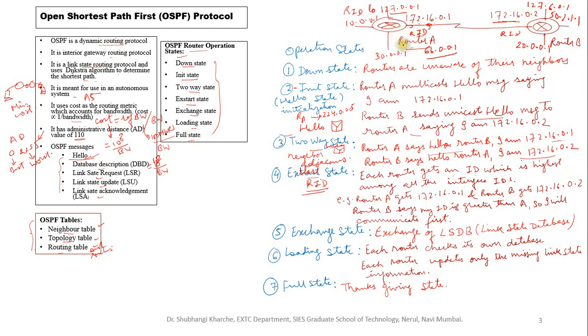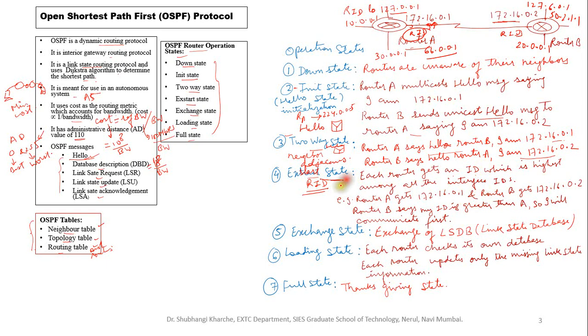Now let's say router A has the router ID 172.16.0.1 and router B has the router ID 172.16.0.2. Out of these two router IDs, router B has the highest, and thus router B will say, "I am the master and you are the slave, and I will initiate the communication first." This is done in the exstart state.